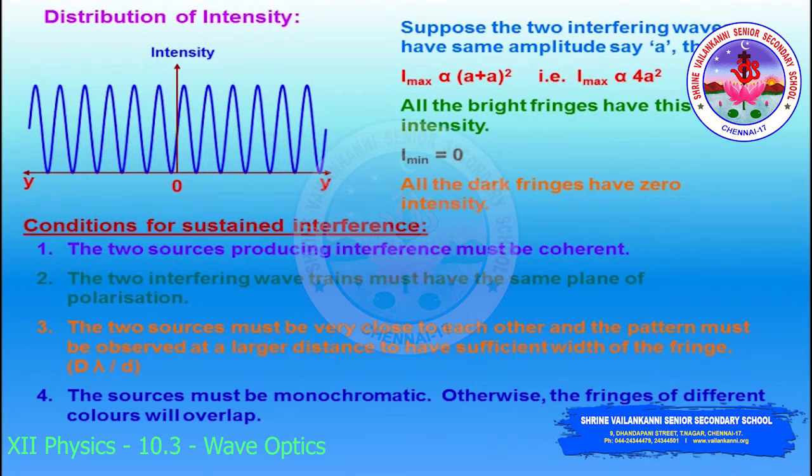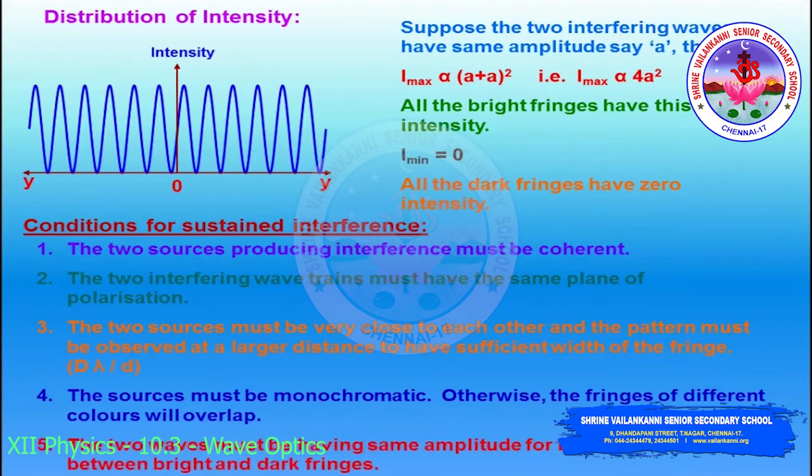The sources must be compulsorily monochromatic, otherwise the fringes of different colors will overlap and we can't identify the overlapping colors, right?